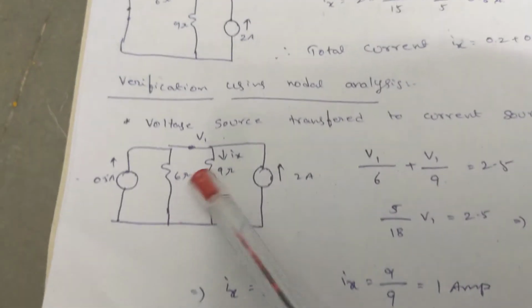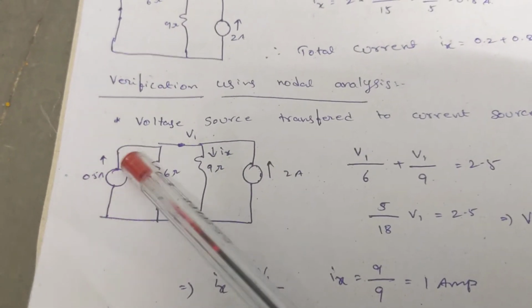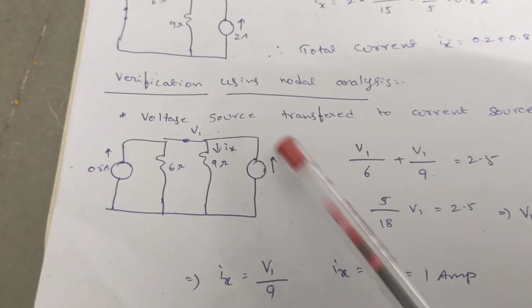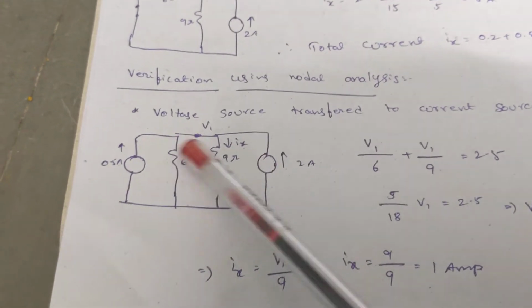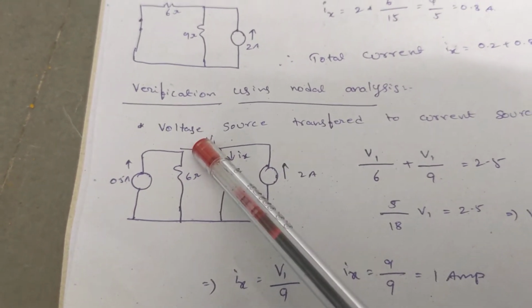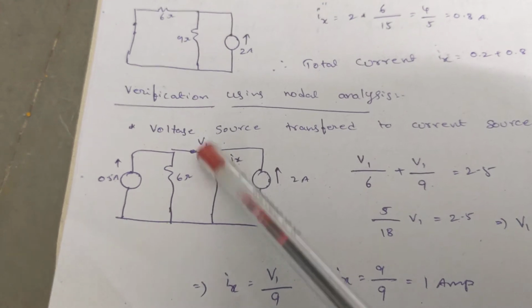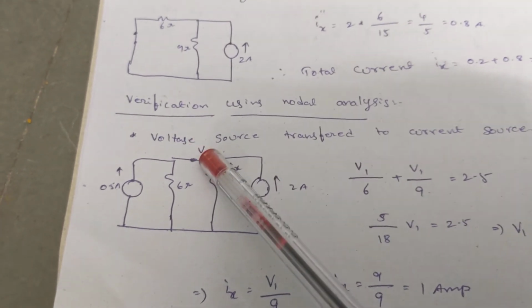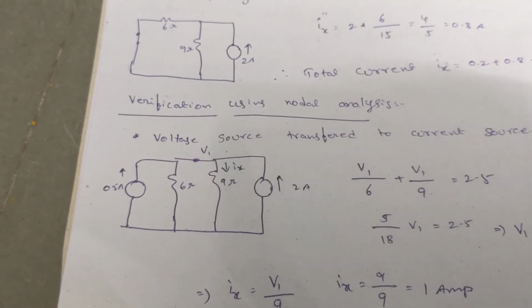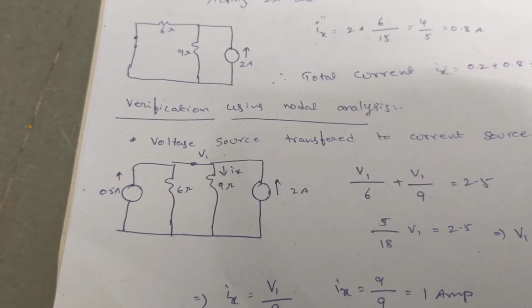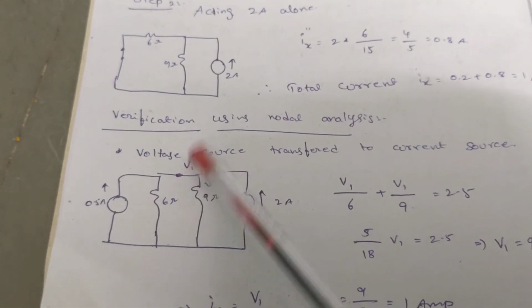If you observe this circuit, even though you can observe 4 branches here, the common point is only one. So we have only a single node here, and I am considering the nodal voltage as V1.